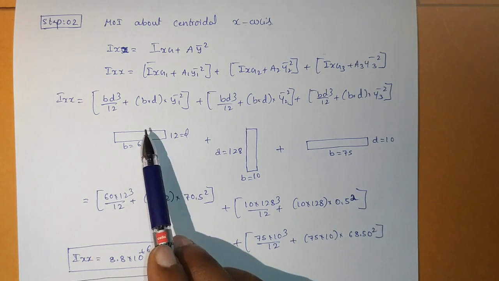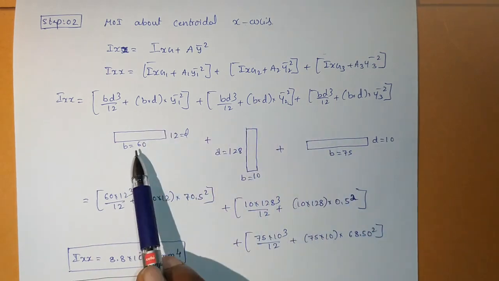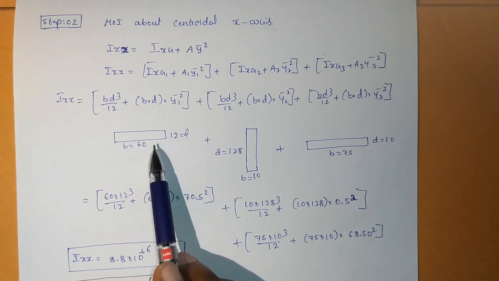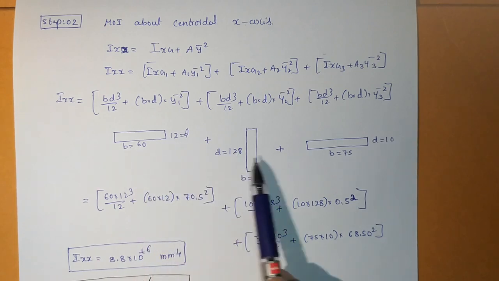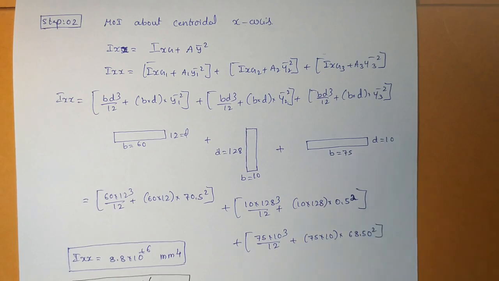Since it is a combination of three rectangular sections, we split into three parts: 60 by 12, 10 by 128, and 75 by 10 mm. Substituting the values of y1 bar, y2 bar and y3 bar, the final value will be 8.8 × 10^6 mm^4.